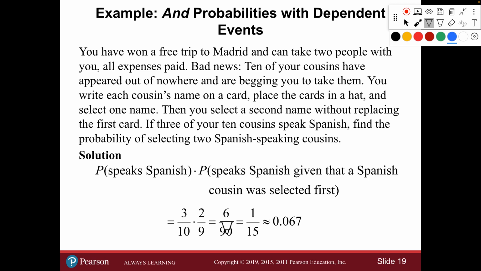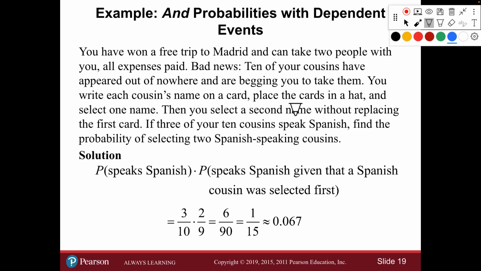I thought okay, I haven't set this one up, so it's not working quite as I wanted. It's giving you the answer, but let's think this through. We've won a free trip to Madrid. That's in Spain, so they speak Spanish over there, right? And you don't. I don't. We've got 10 cousins. I've got at least 10.